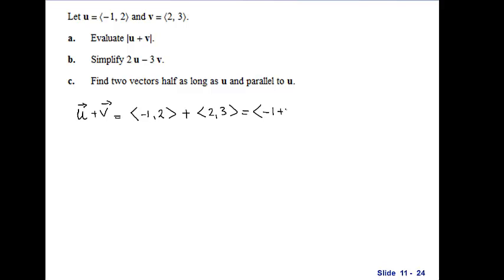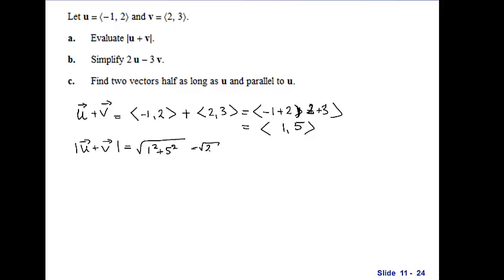It's negative 1 plus 2, comma, and then 2 plus 3. So the components of the vector are 1 and 5. In order to find the magnitude of the sum of two vectors, we just follow the rules for finding the magnitude. So I'm taking 1 squared plus 5 squared, and this is the square root of 26. So this was part A.